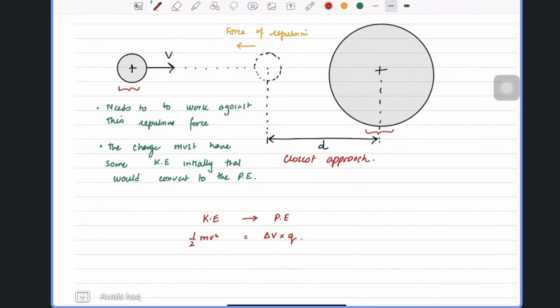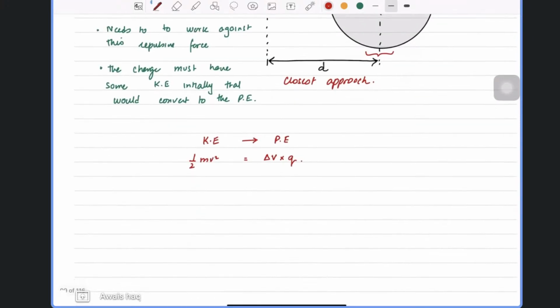So sometimes the examiner is going to ask you to find speed, and you can multiply change in potential times charge, and then you can divide it by m, and then you can take the root like this, right?